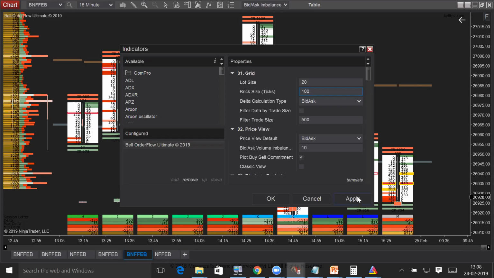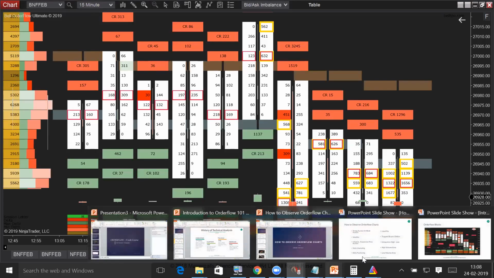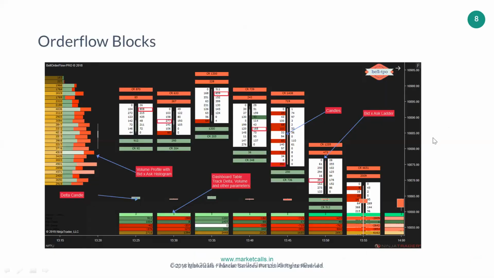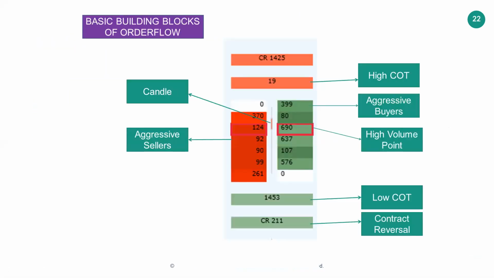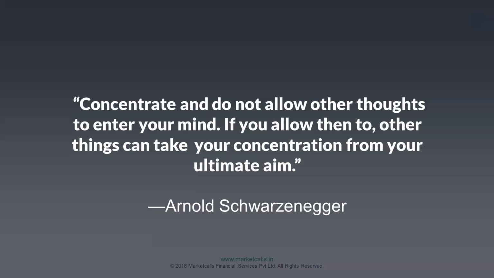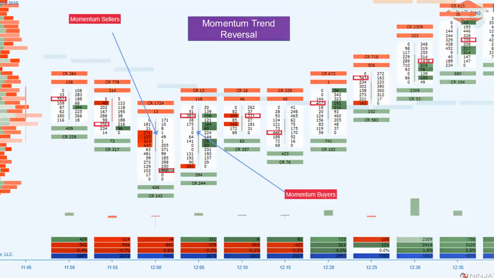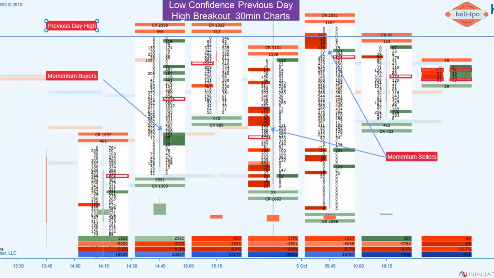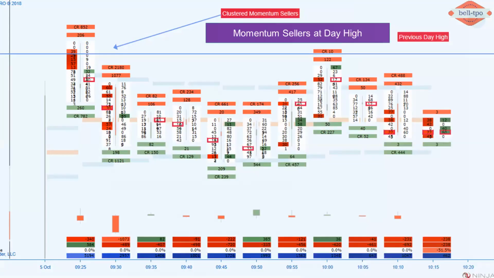Okay. And for different instruments, I'm going to share a PPT with everyone as well. I have a template which really explains. So here is the template over here. Just give me a second.